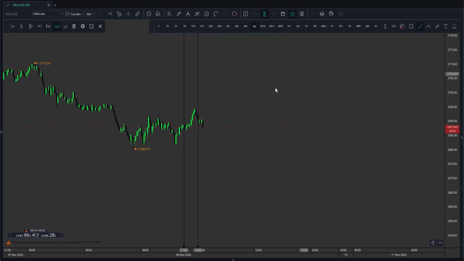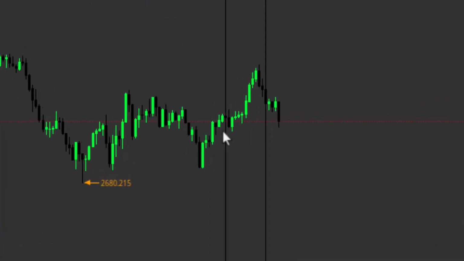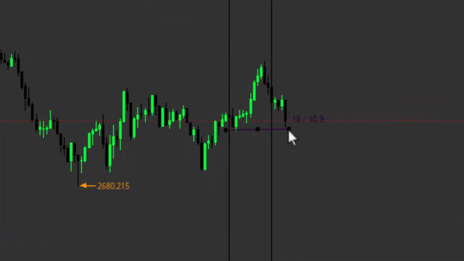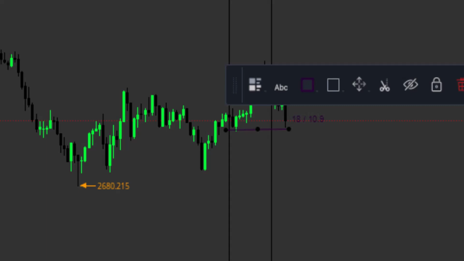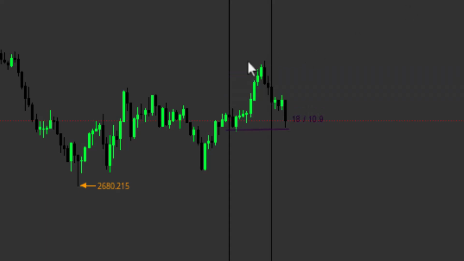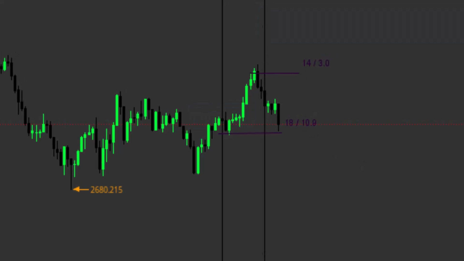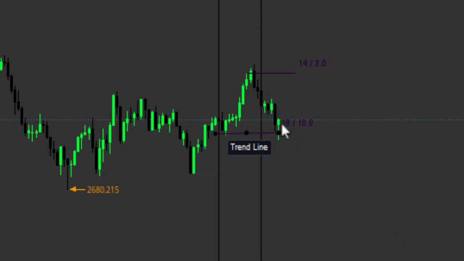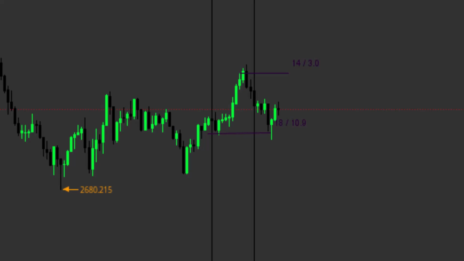After this fair value gap is taken, if this level or this level up here is also taken, then I'm entering into a buy or a sell, right? But price did not actually do that. It came all the way down, and I thought it was going to break through this level right here. Then it pushed all the way up, taking us into a reversal mode, going into a buy mode again.